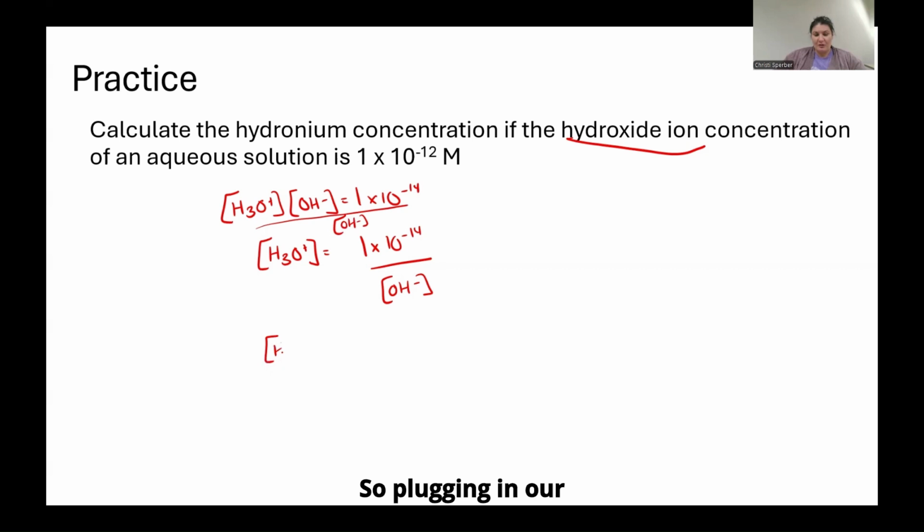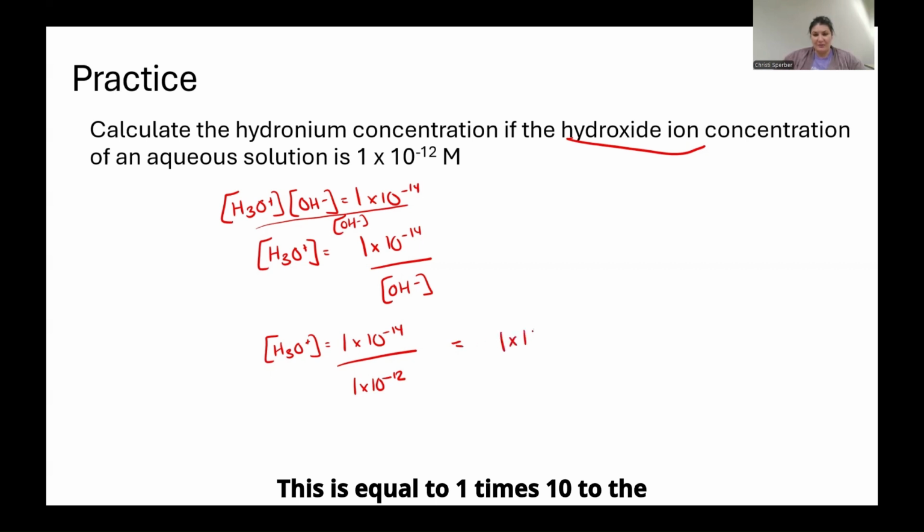So plugging in our numbers now, 1 times 10 to the negative 14th over 1 times 10 to the negative 12th. This is equal to 1 times 10 to the negative second molar. So this is the hydronium concentration of this solution.